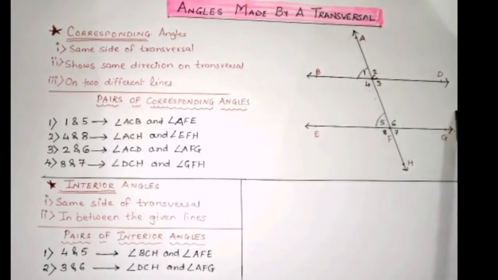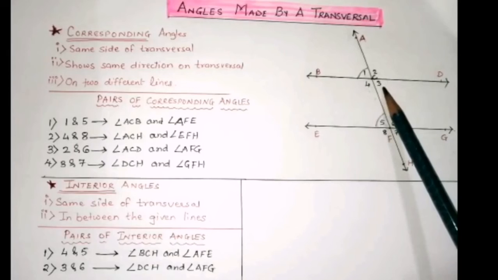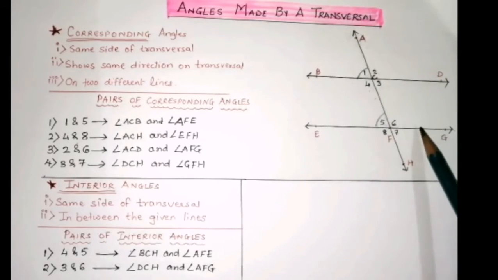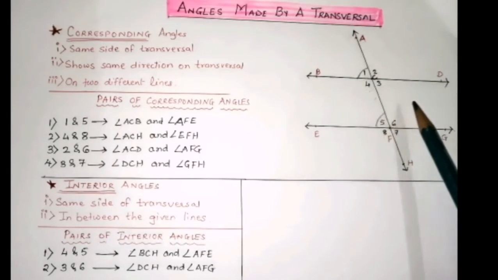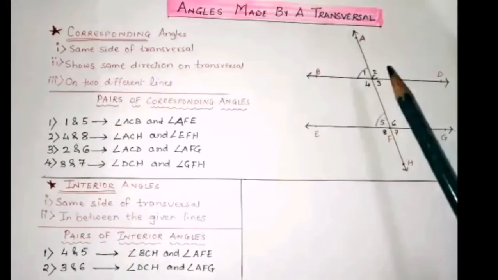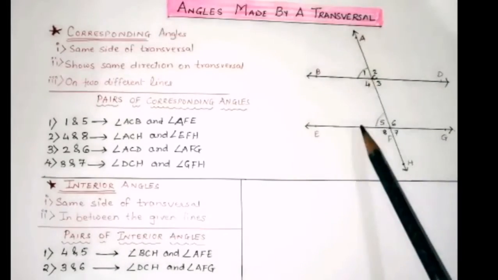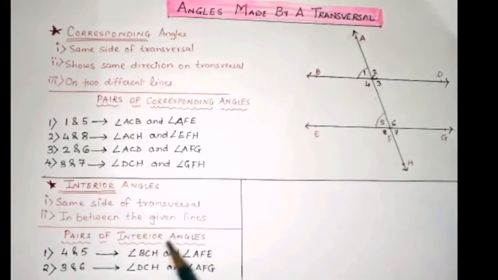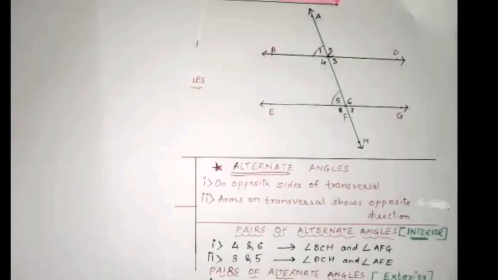Similarly, on the right side, we find angle number 3 and angle number 6. They are also sandwiched between these two lines. This is also one of the pair of interior angles. So if there is a transversal of two lines, there are two pairs of interior angles.